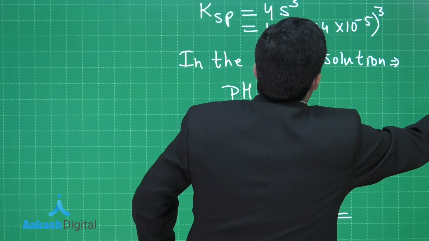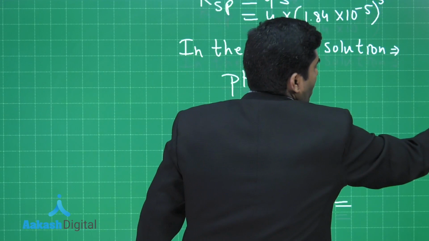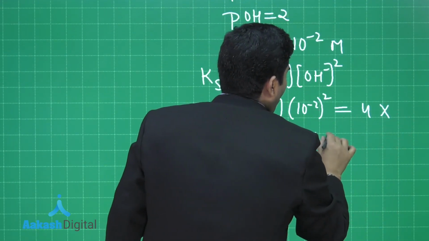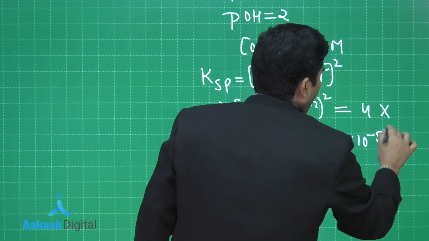It is 4 × (1.84 × 10^-5) whole cubed. So it is 4 × (1.84 × 10^-5) whole cubed.